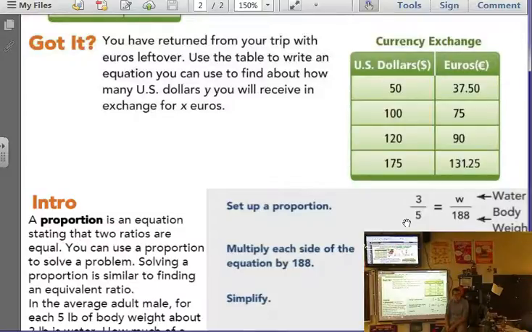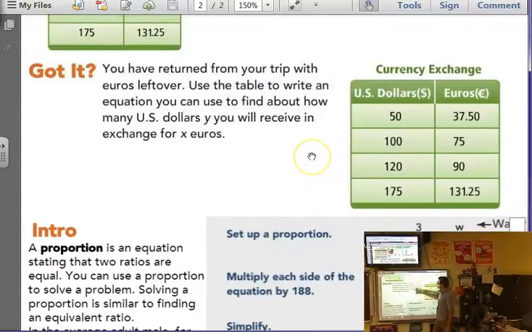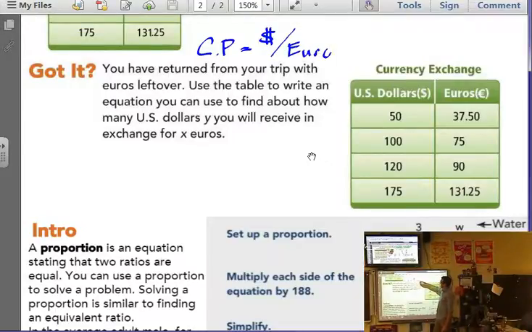Okay. You are now coming back from your trip. Now you have euros in your pocket. You want to go to the bank and get dollars back. So you want to know, how many dollars will I get for my euros? So the constant of proportionality that I'm looking for is going to be dollars per euro.